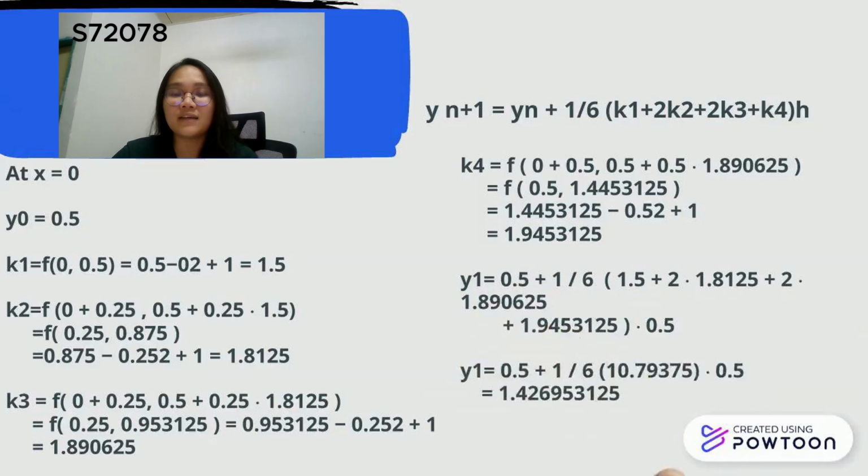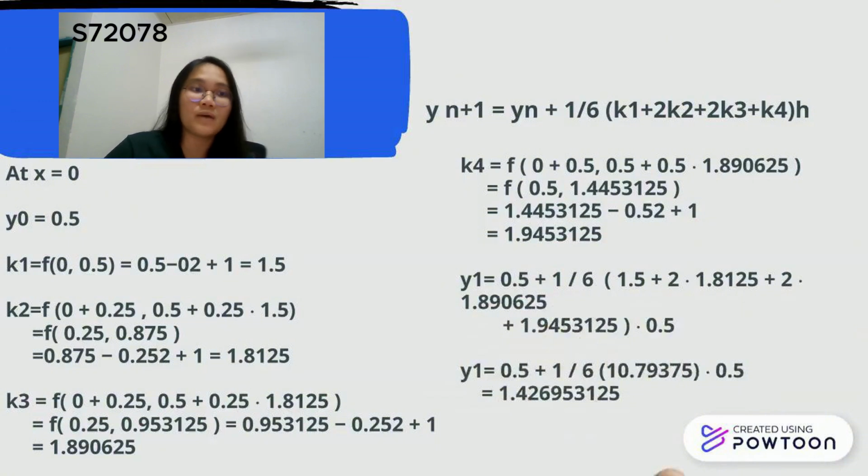The fourth, we want to find k4. The k4 formula is f in brackets x0 plus h and y0 plus h times k3. So we get f in brackets 0.5 and 1.445313. We substitute into the equation y minus x squared plus 1, and we get k4 equal to 2.195313.